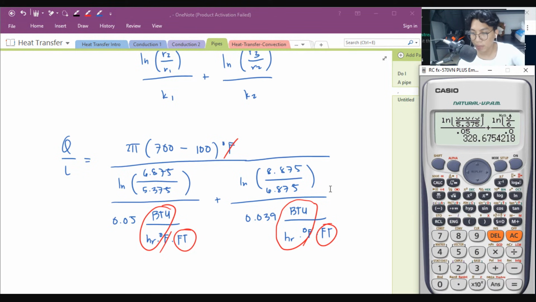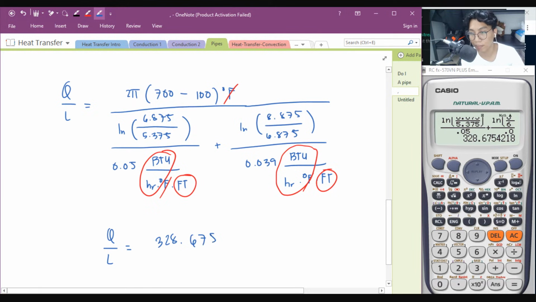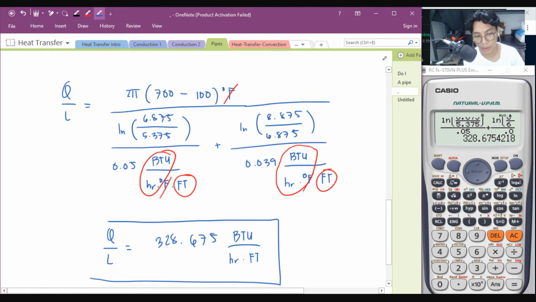The answer will be 3.28. Okay? That will be our answer. Very basic naman yan. Q over L is equal to 3.28, continuing, 328.675 BTU per hour feet. So that is the heat loss per feet length.